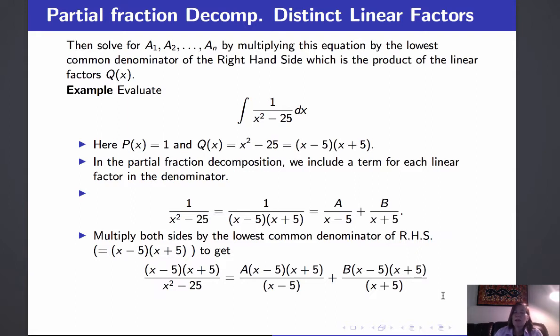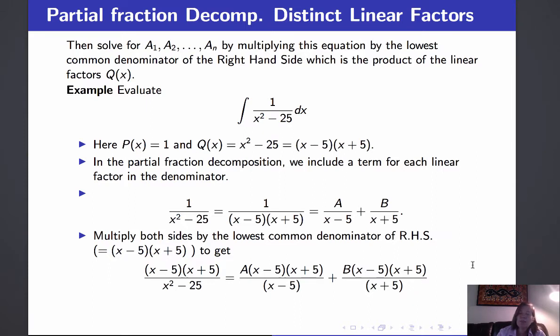So multiplying both sides by (x minus 5)(x plus 5), I get 1 on the left equals a times (x minus 5)(x plus 5) over x minus 5 plus b times (x minus 5)(x plus 5) over x plus 5.